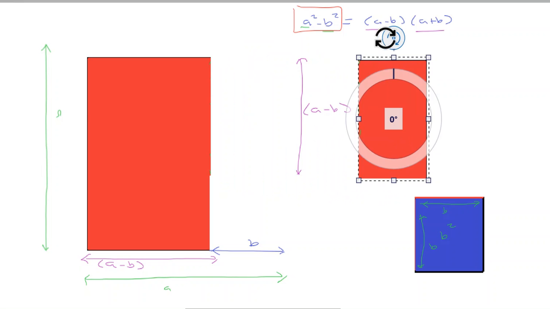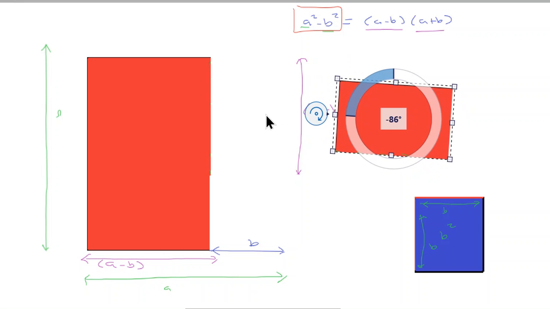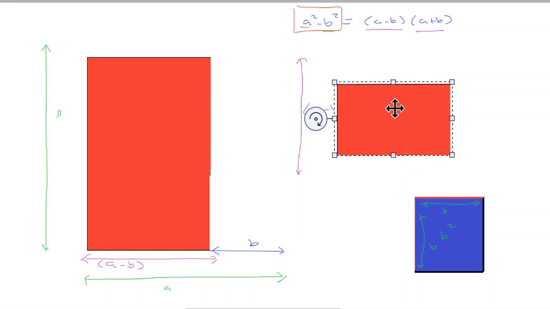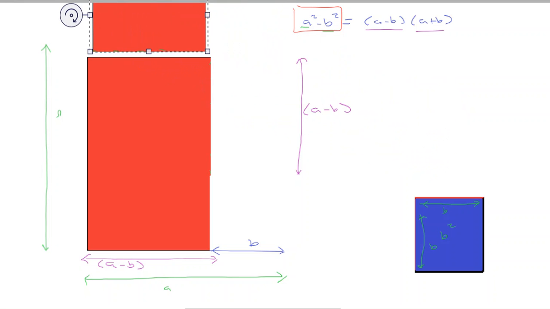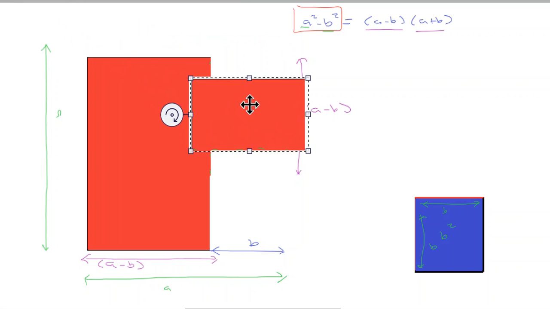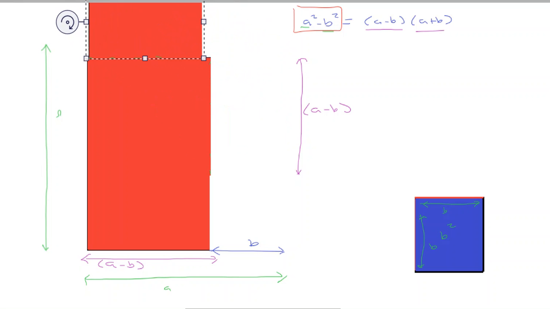And then if we rotate this round like so, and stick this onto the top here, it should fit on there.